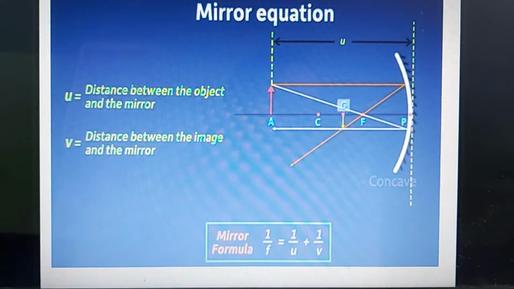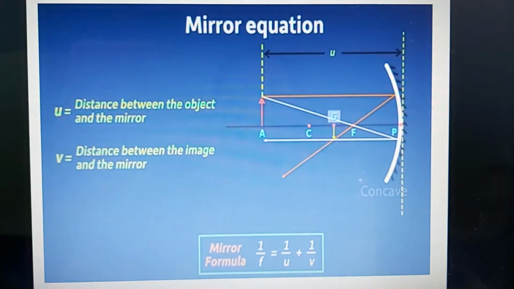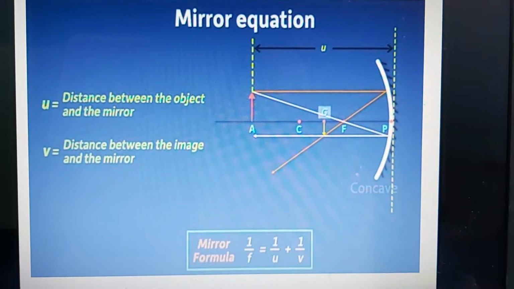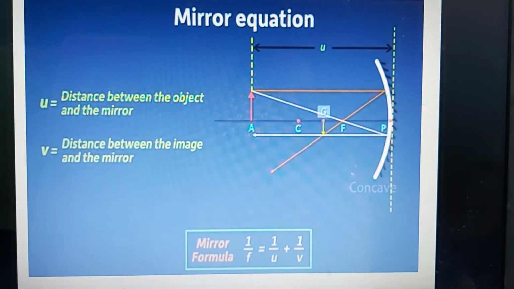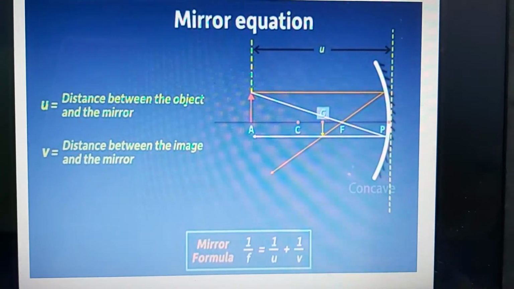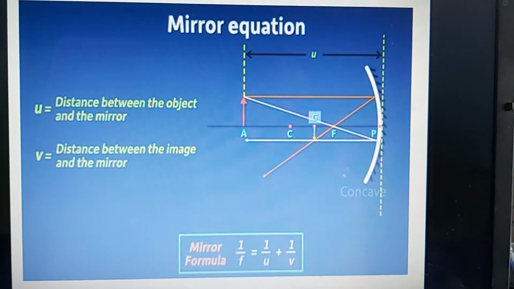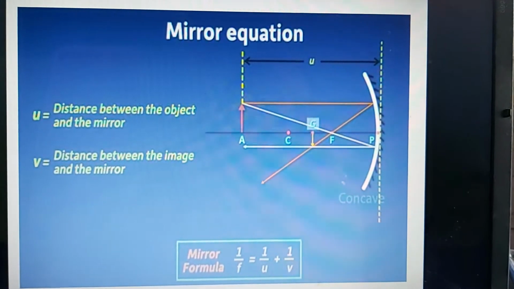This distance is equal to F. Note that all the distances are measured from the pole of the mirror and not from some other point on the mirror. So the equation gives us the relation between the object's distance from the mirror, the image's distance from the mirror, and the focal length.